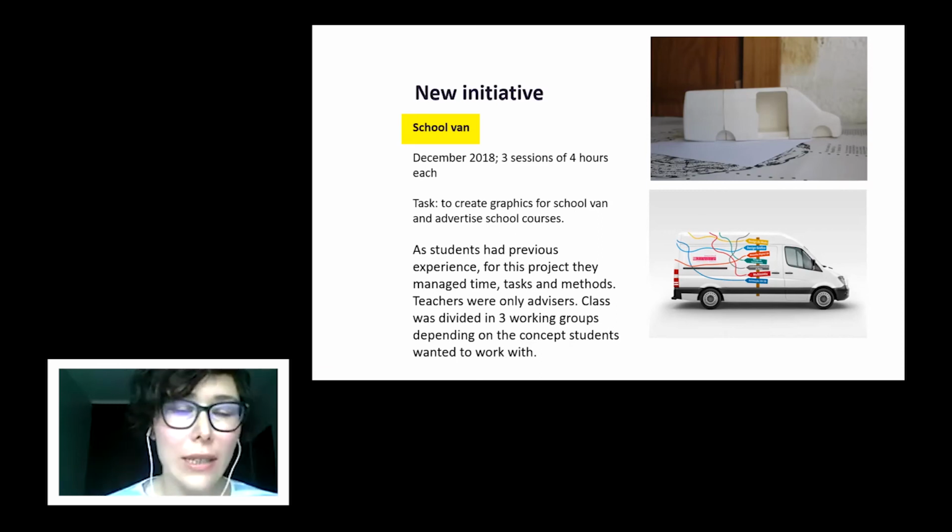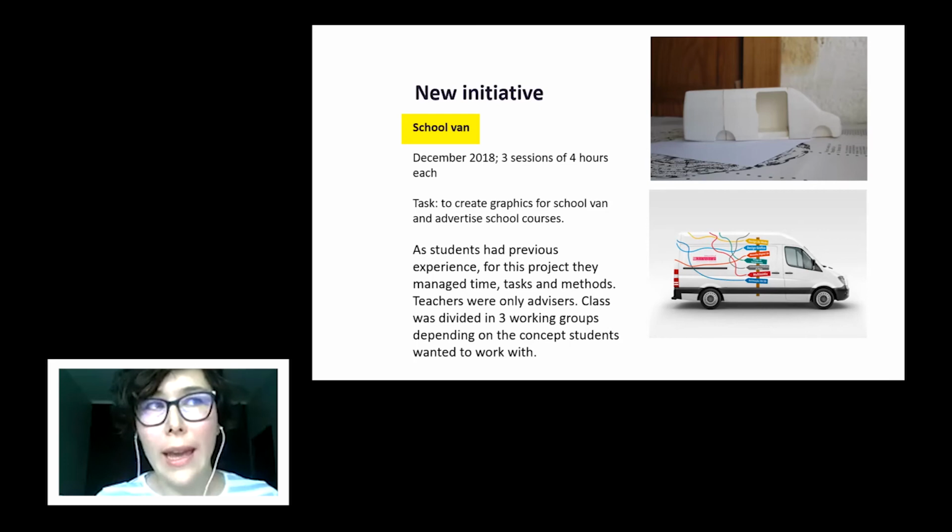And what was interesting was that, knowing this experience they had just a few months ago, they had this kind of instinct or understanding of how they could do self-organization and self-management of this process. So they actually did use the methods and the organization that they experienced in the first example, that is the case study we presented today. And they managed in 3 sessions of 4 hours, so 12 hours in total, to build their project and to develop a solution.